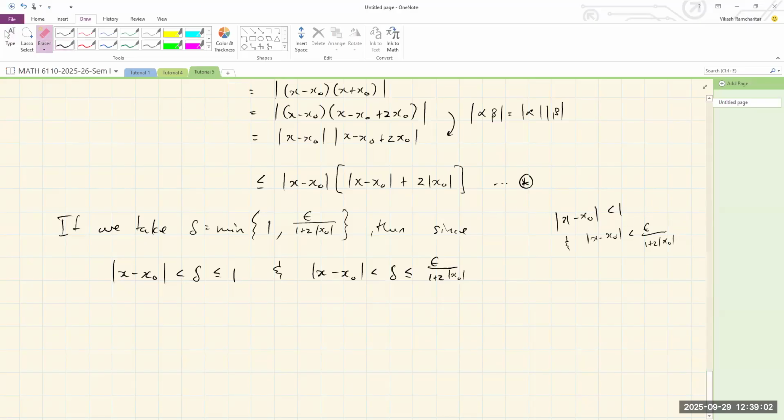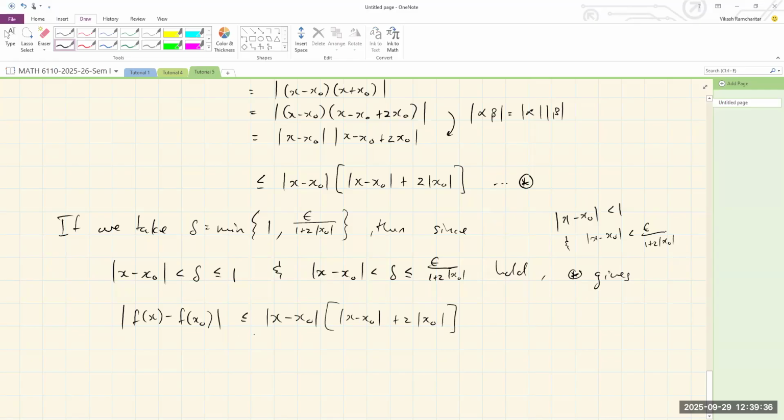Okay, so now, since this and this hold, star gives the distance between f of x and f of x0. Let me rewrite star: it is less than or equal to modulus of x minus x0 times modulus of x minus x0 plus 2 modulus x0, right? And I know both of these inequalities hold because that's how I chose my delta.